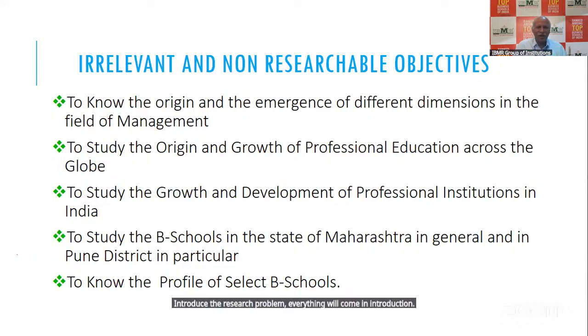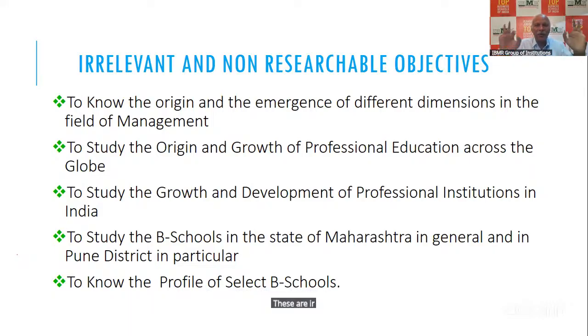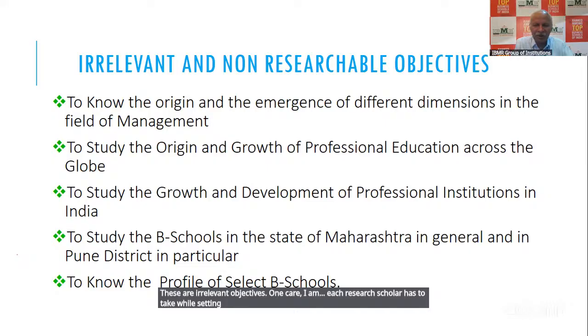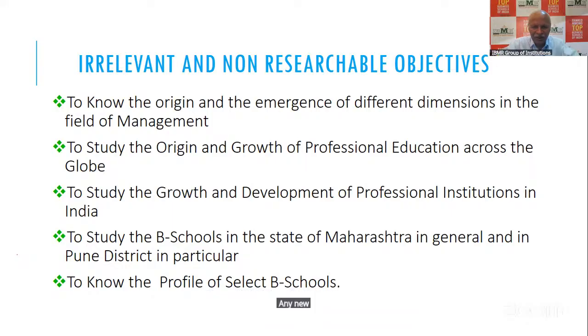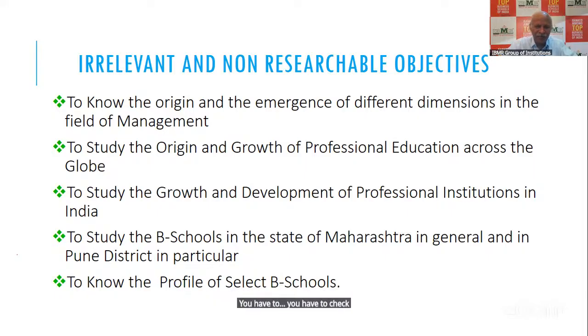There is nothing new I am going to bring out of these objectives. These are irrelevant objectives. One care each research scholar has to take while setting the objective: whether this objective aims to bring any outcome, any new knowledge, any new information, any innovation, or just background material. You have to check. Don't simply write it in objectives.